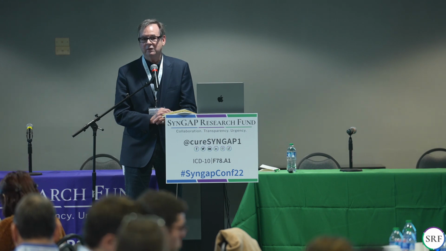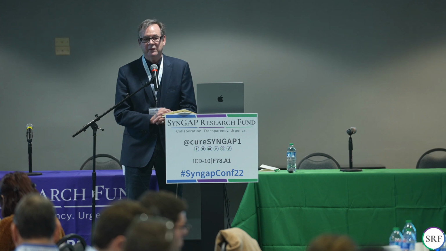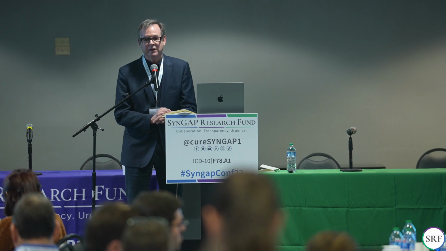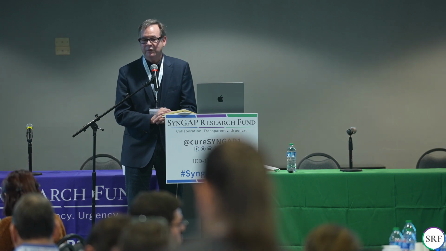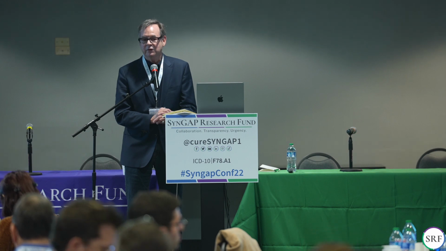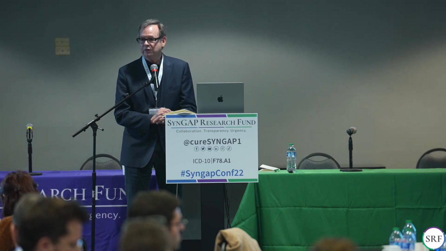We made one of the first knockouts of SYNGAP heterozygote, back in 2000. And that mouse has all these behavioral deficits that we now associate with the kids. So we think it's a great model to test a variety of therapeutics on.